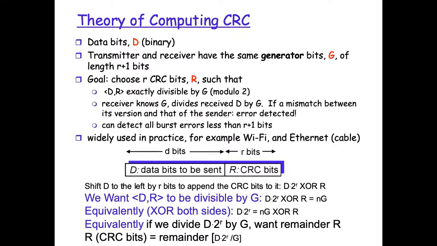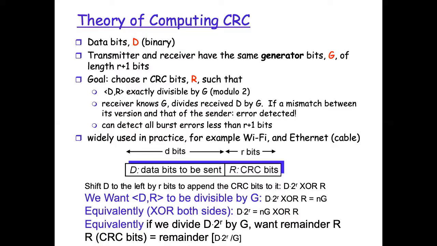So now, how to compute the CRC. First of all, keep in mind that the data D is a big number, and it's in binary. Also keep in mind that the sending and receiving NICs have the same generator bits G. We want to choose the CRC bits R such that the concatenation of D and R should be divisible by G. So the receiver divides D concatenated with R by G, and if the remainder is not 0, that means there's an error.